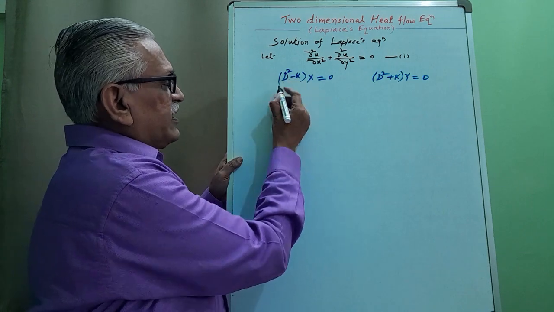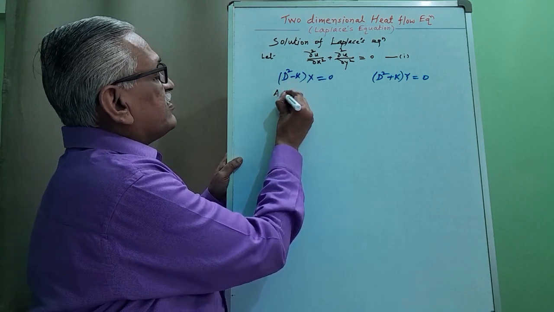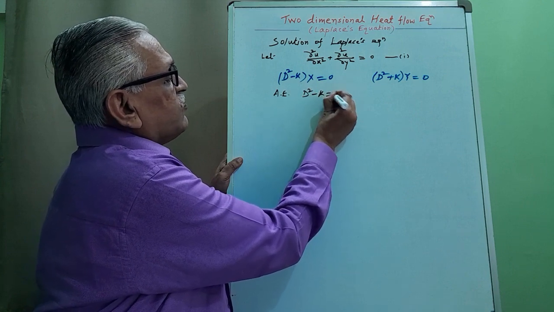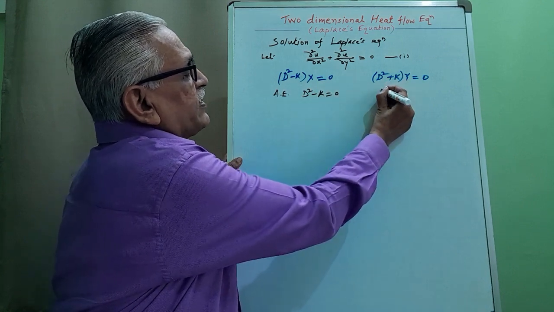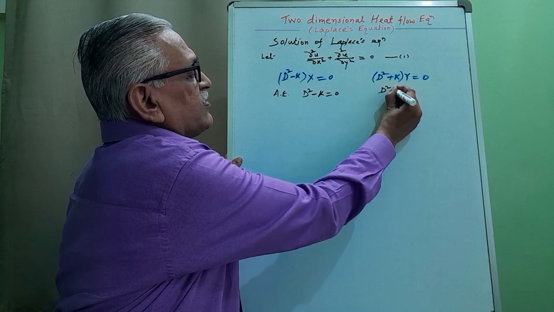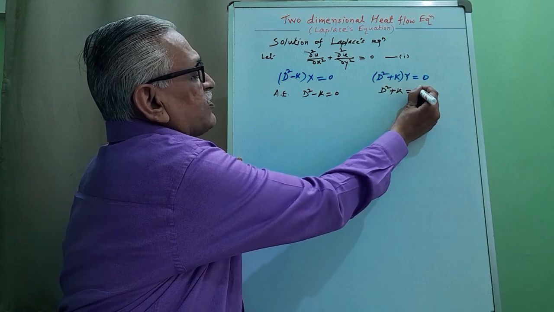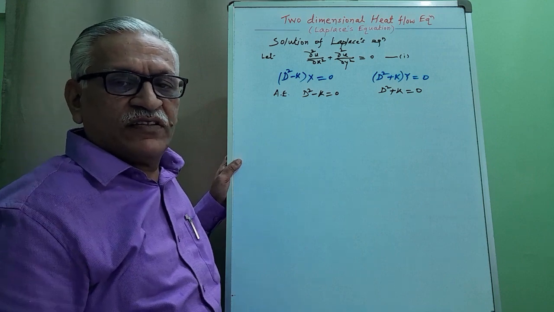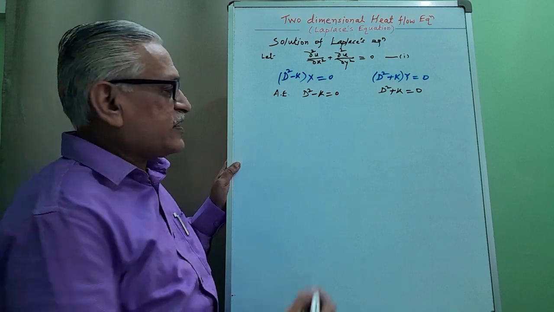From this equation we get the auxiliary equation as D square minus k equals 0, and from the other we get the auxiliary equation as D square plus k equals 0. And depending upon the values of k, we have to discuss three different cases.